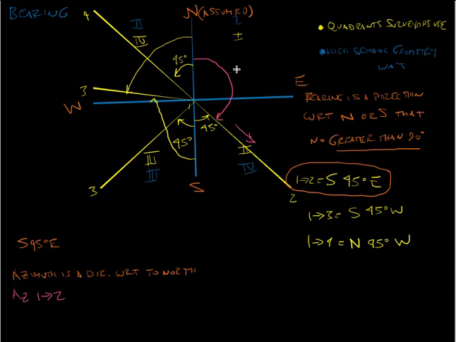What's this angle? The azimuth from 1 to 2 is equal to 180 degrees minus 45 degrees. 180 minus 45 is 135 degrees. This angle is equal to 135 degrees.